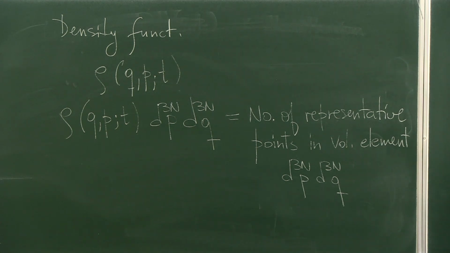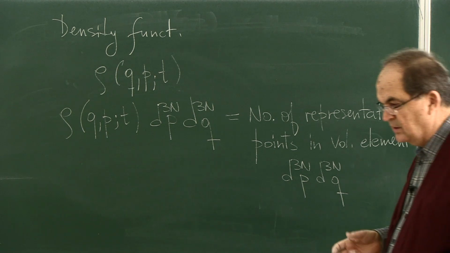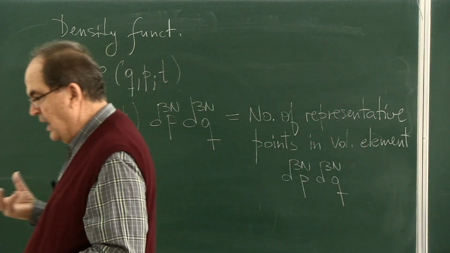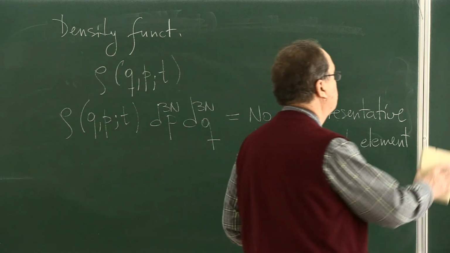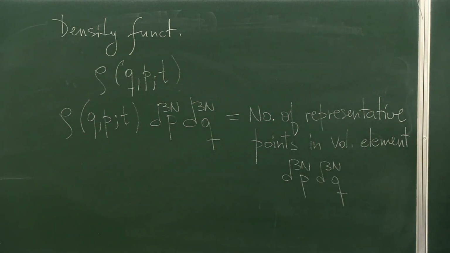Now, this density function is going to take us to the average of a quantity. Since we are after averages for a large number of particles, that's the only thing we can do about physical properties.